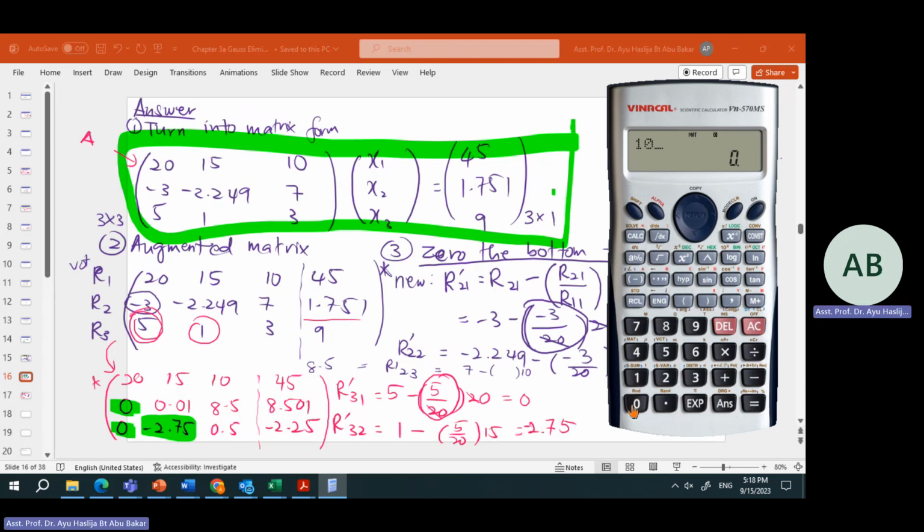Then the rest. After you have input row 1, it will appear A21. So you input all the values until A33. Let me know if I go too fast.